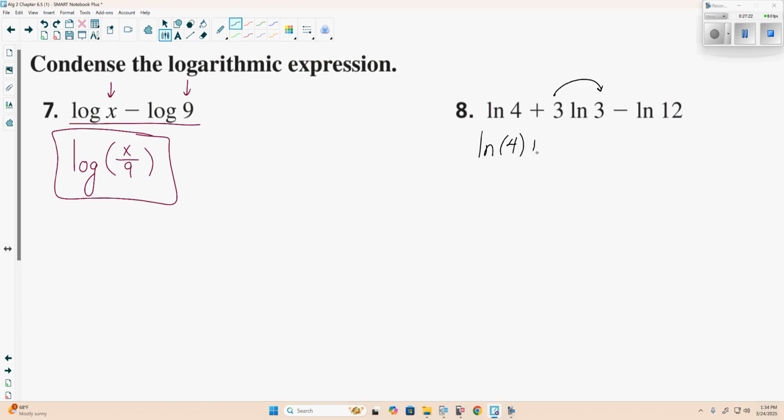So with our middle term, we can move that 3 back up into an exponent. So telling us that the middle one is the natural log of 3 to the third. Minus our natural log of 12, well, we can move that negative up into the exponent, giving us the natural log of 12 to the negative first.